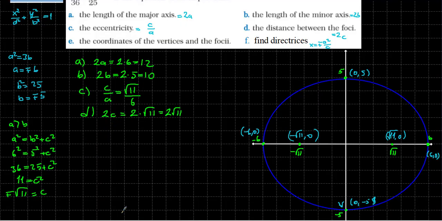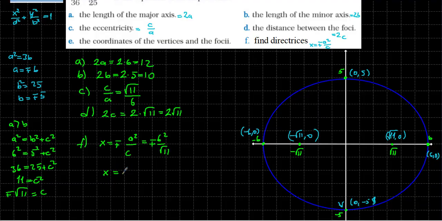Okay, the last value now I need to find is the directrices. The directrix is a squared over c, x is equal to plus and minus a squared over c, which is equal to plus minus 6 squared over root 11.